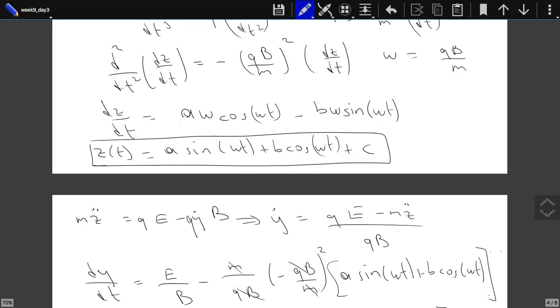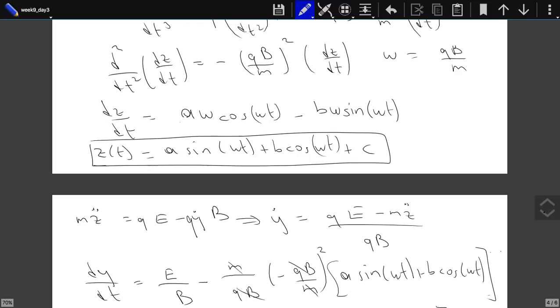Now we need to integrate this. This is the time derivative, so if you just integrate it, y as a function of time should be e over b times t, and a plus minus a cosine omega t over omega plus b sine omega t over omega, and all of these are multiplied by qb over m.